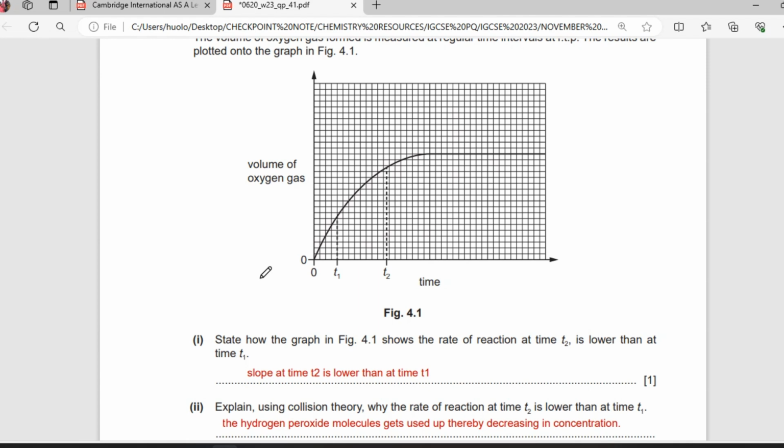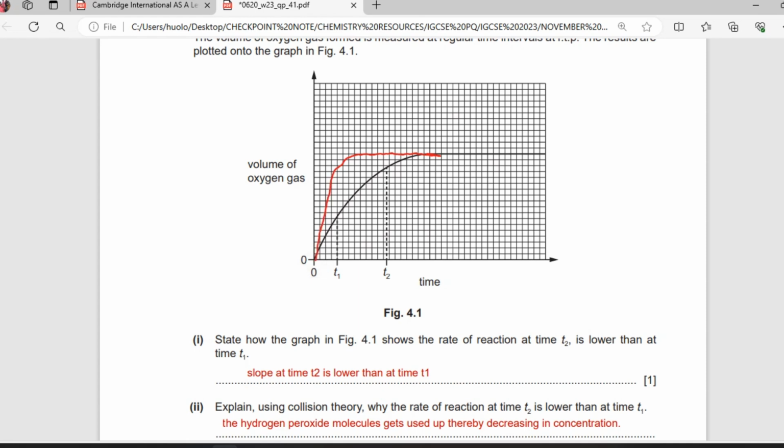The closer the slope to the y-axis, the steeper it is. So we expect a graph that will be closer to the y-axis, or volume of oxygen gas axis in this context. Okay, then it's supposed to end here. The same volume of gas will be made at the end.